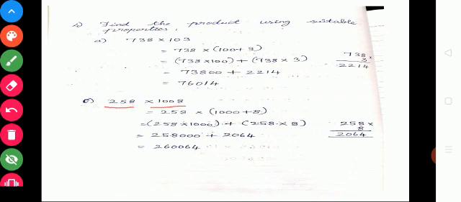Okay, children. One more example. 258 into 1,008. This 1,008 we can write as 1,000 plus 8. Then multiply 258 into 1,000 plus 258 into 8.